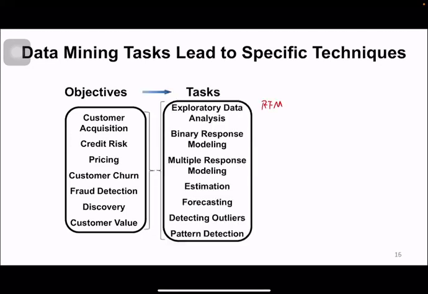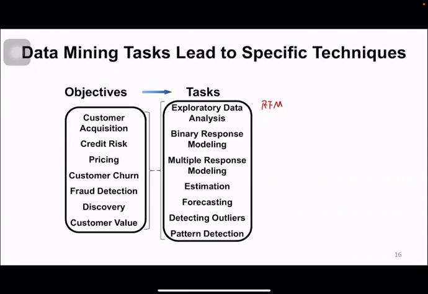Based on the objectives, you have tasks. Tasks can be exploratory data analysis, binary response modeling, this is classification, multiple response modeling, meaning multiple class classification. You have estimation problems, forecasting, anomaly detection, and pattern detection. So those are the tasks.